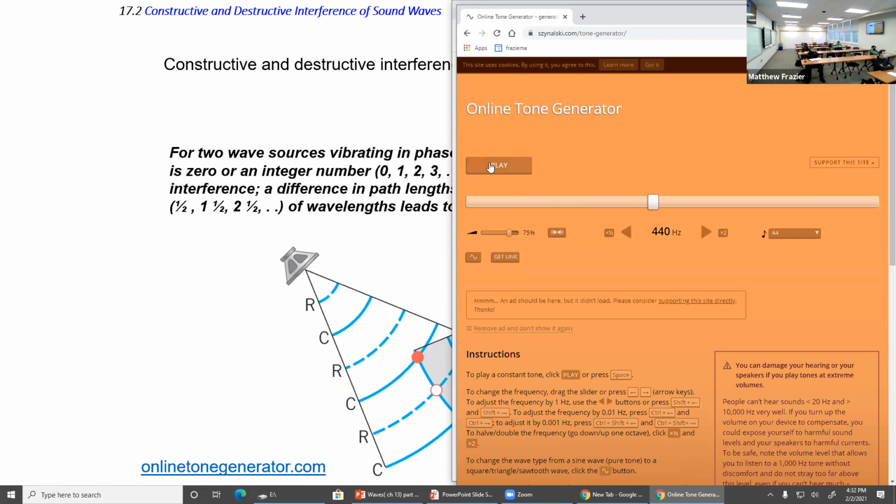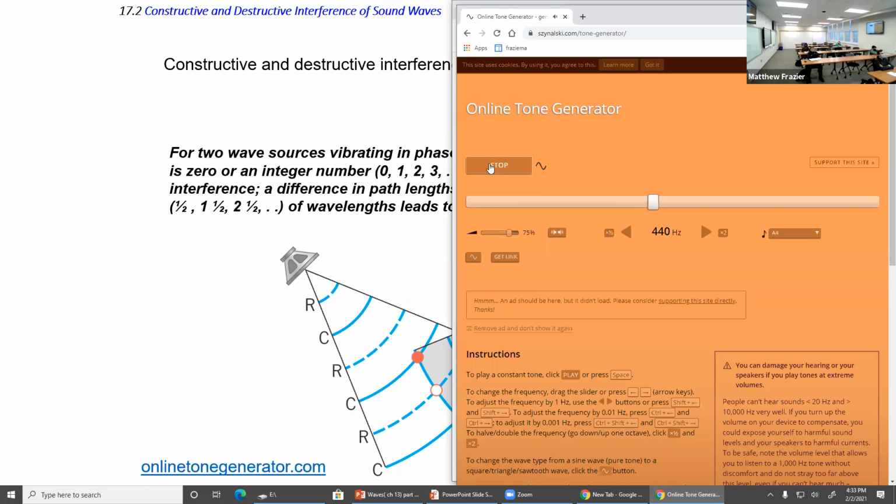So if I play this one tone, right? Now there are multiple speakers in the room, I think. Or is it just coming from this? But if you were to walk around the room, you would hear places where it is distinctly louder, distinctly quieter.